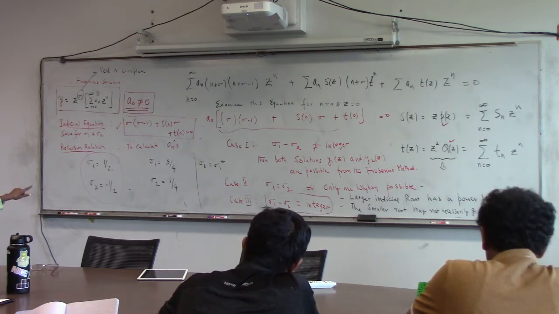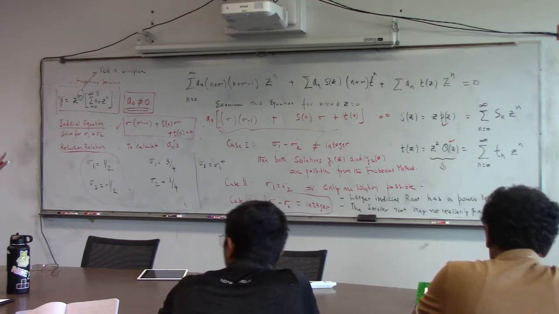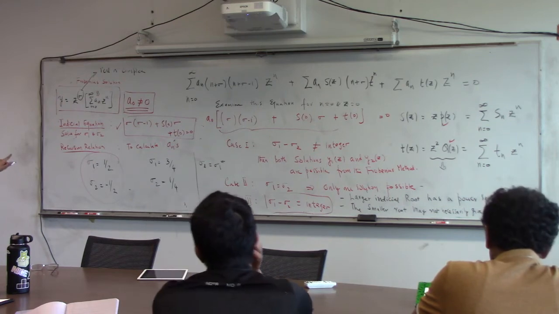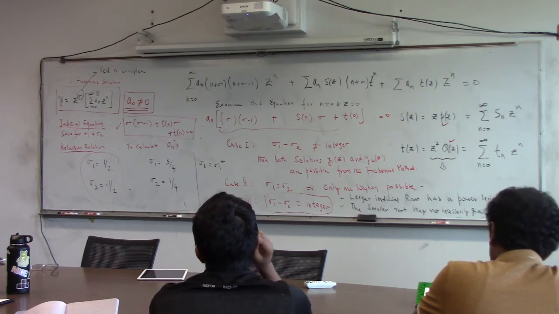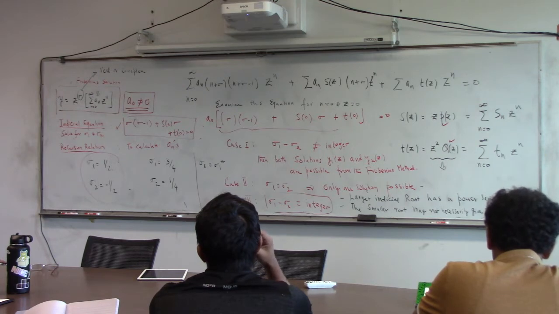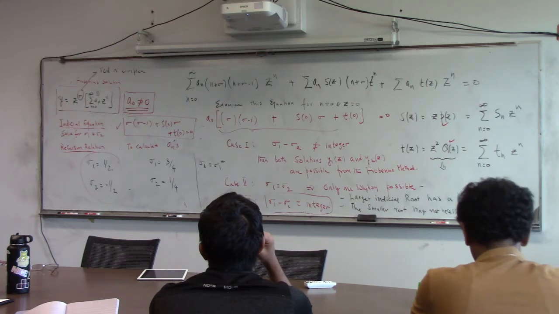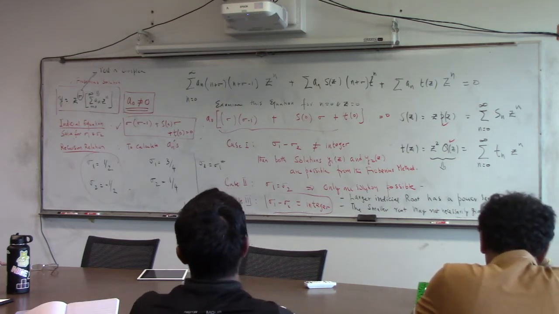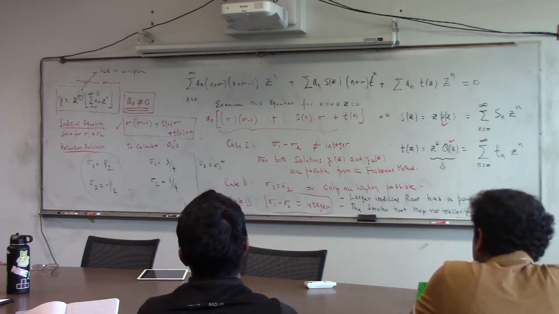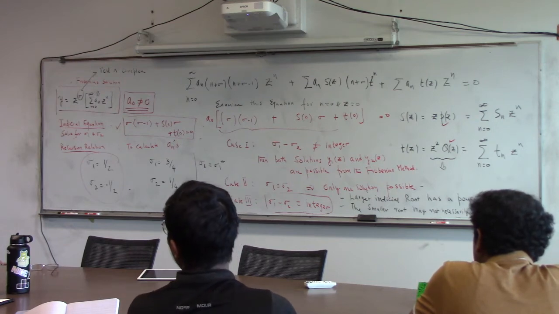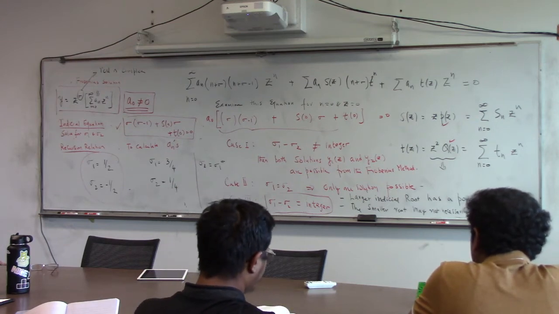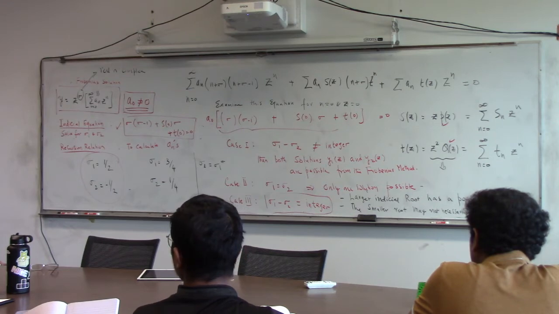The larger one, right, with the positive sign, sigma to the power of half. That's the one which will lead to your series solution. For the second one, both are possible, because the difference is not an integer.